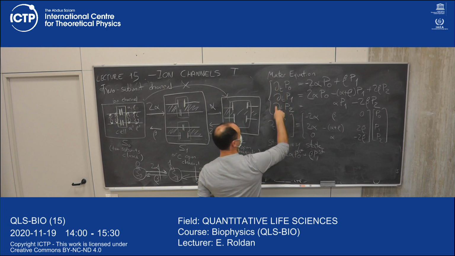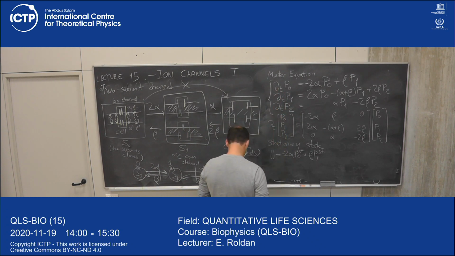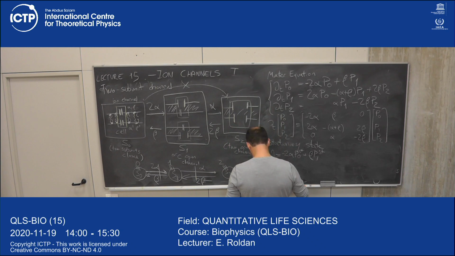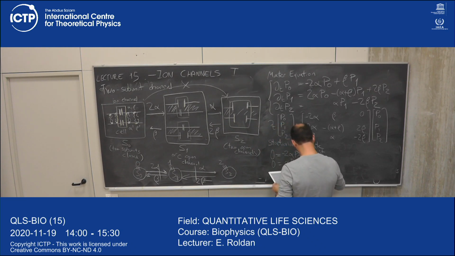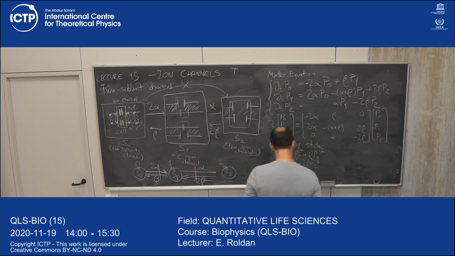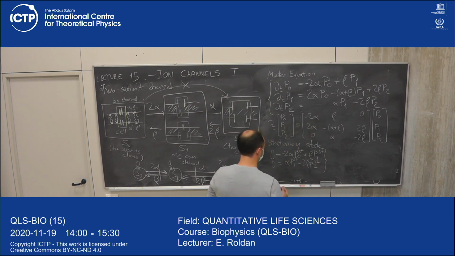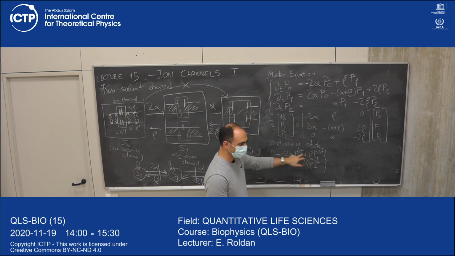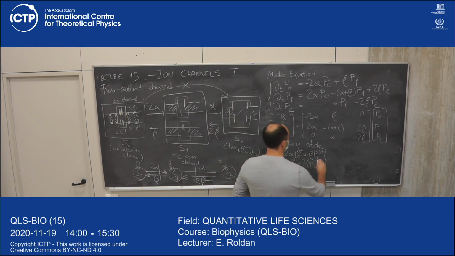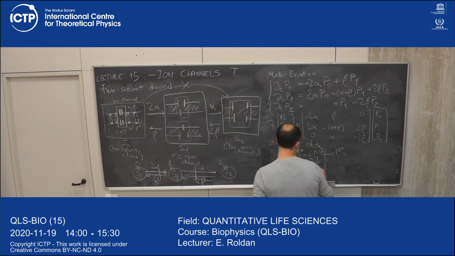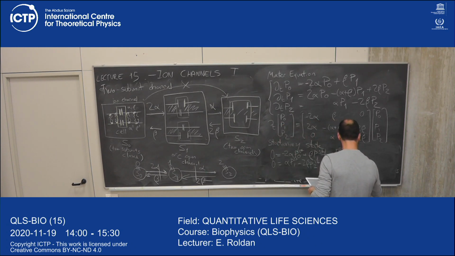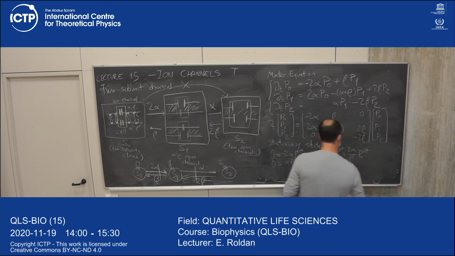I can take this equation and this equation. So this will be 0 equals alpha P1 minus 2 beta P2, stationary. What do I get from here? The first thing I do is I solve P1 in terms of P0. So P1 stationary is 2 alpha divided by beta, P0 stationary.